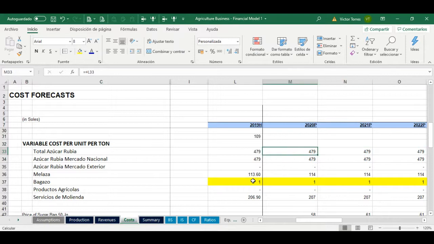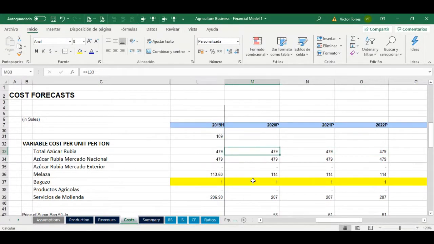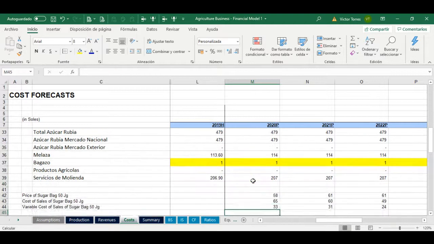In this case, we considered that the company was not going to be capable of changing its production cost in the coming years, so it assumes the variable costs to be constant in every one of the different business lines or products that are being generated.